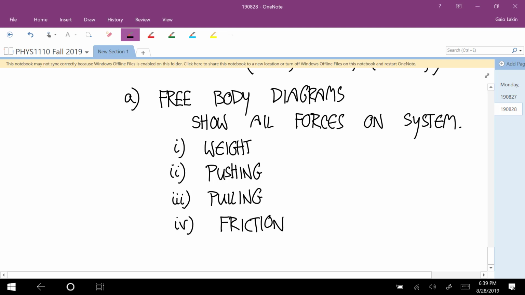And every force we're going to deal with falls into one of those categories.